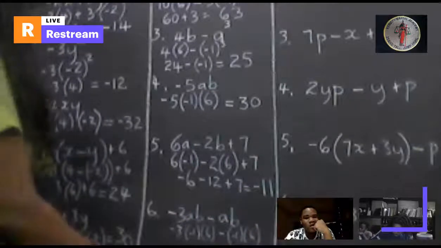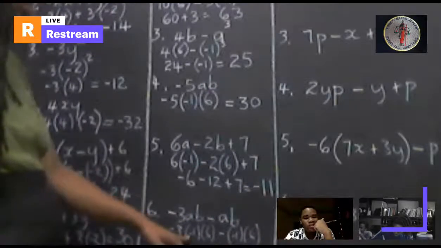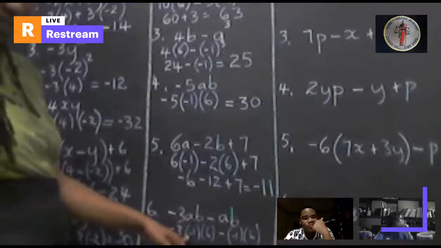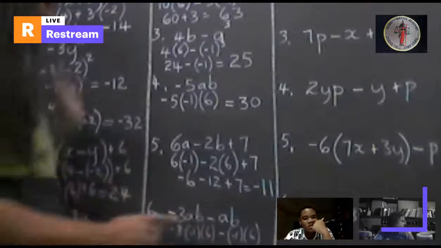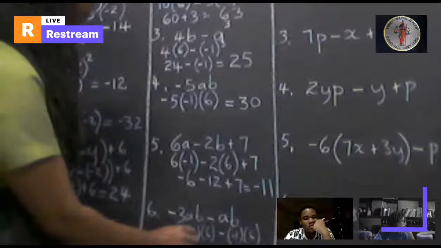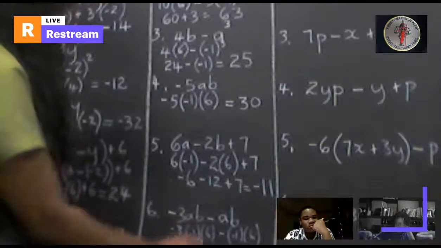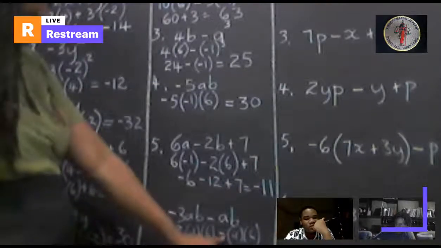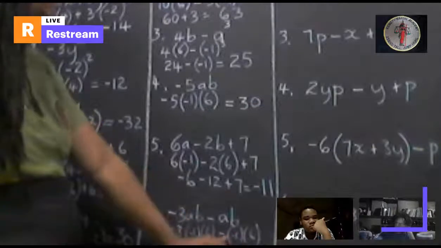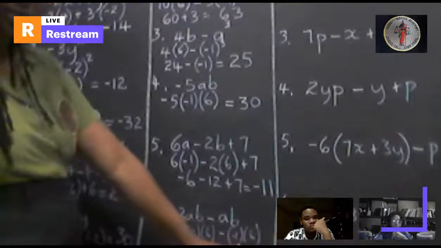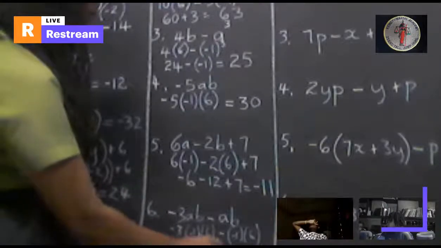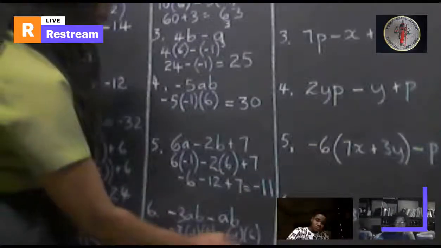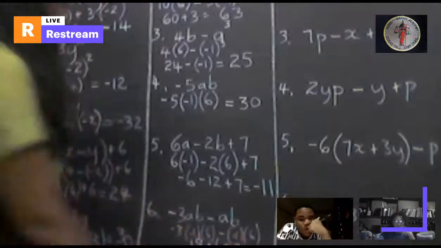Negative 3 times negative 1 is positive 3, times 6 is positive 18. This negative times that negative gives a positive, times 6 is positive 6. And 18 plus 6 is 24.